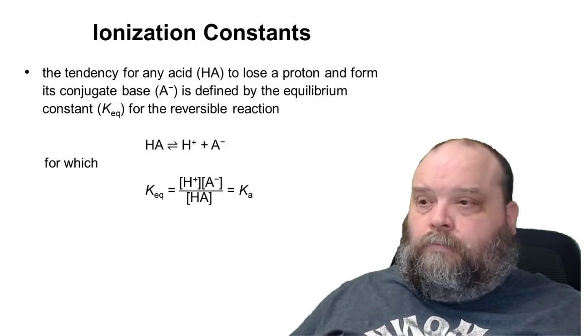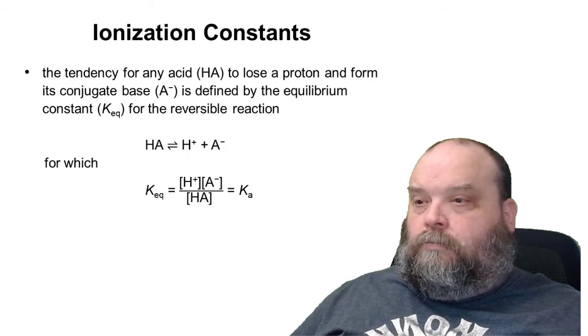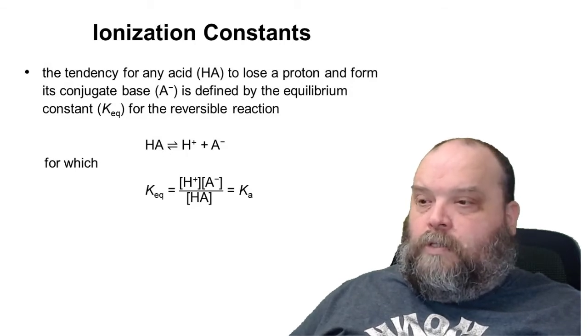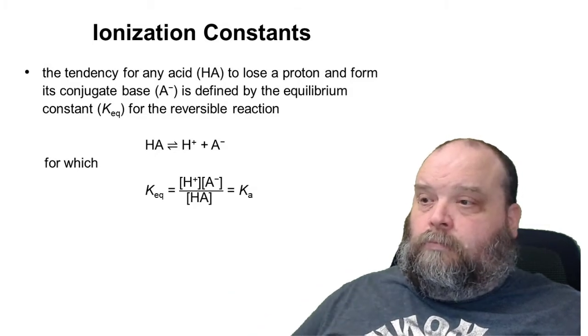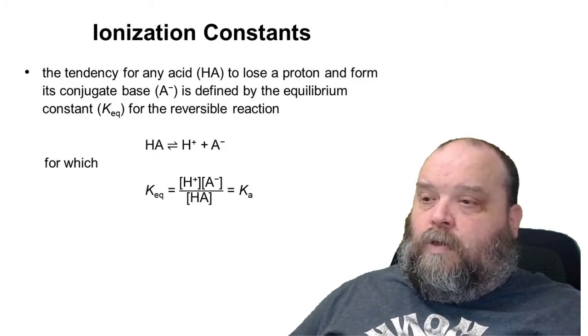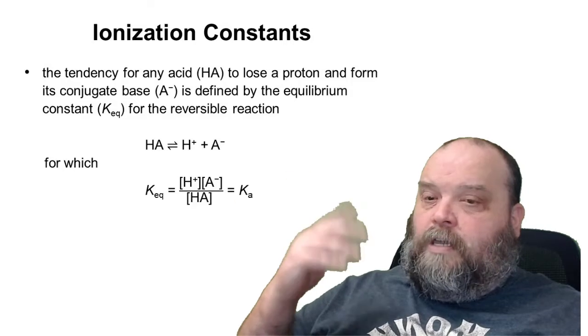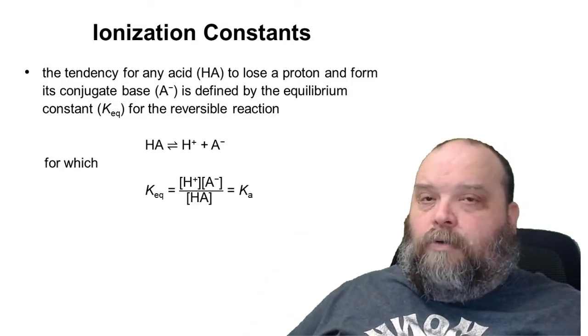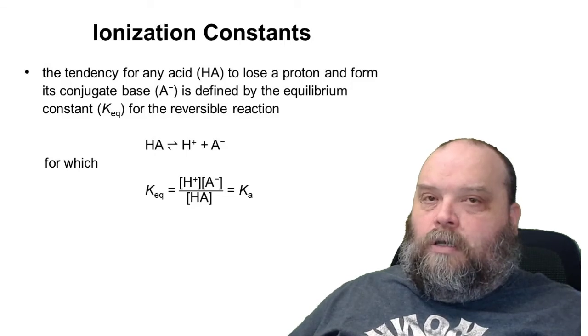So as you see, HA, for our acid, under certain points, will give up the free hydrogen ion and the base, A-. And again, there is an equilibrium constant for each of these compounds.